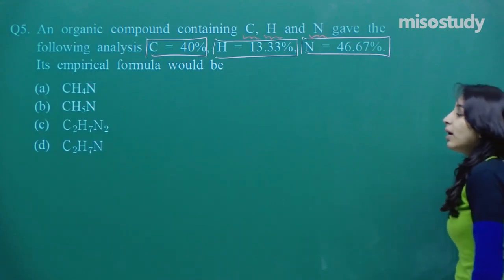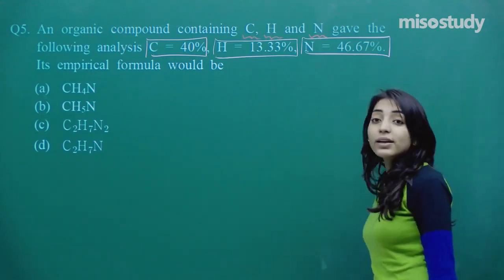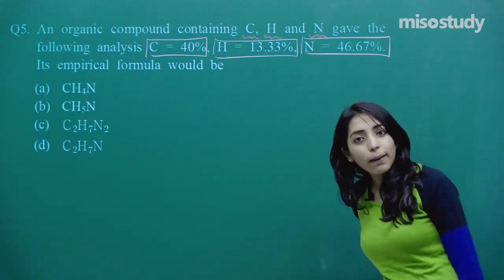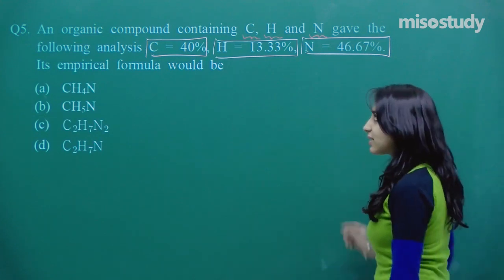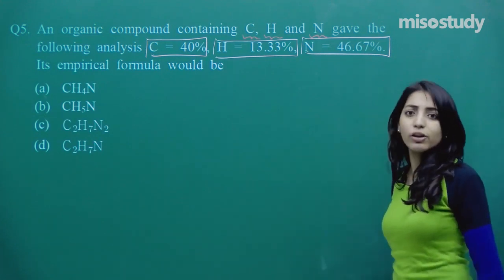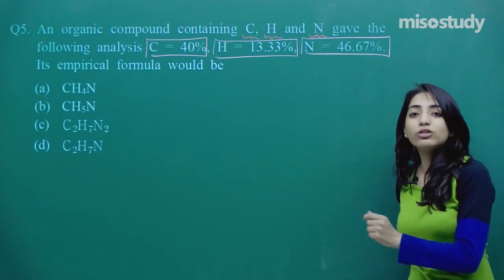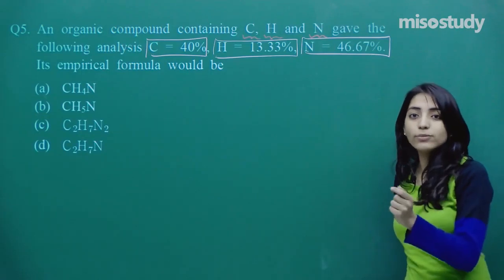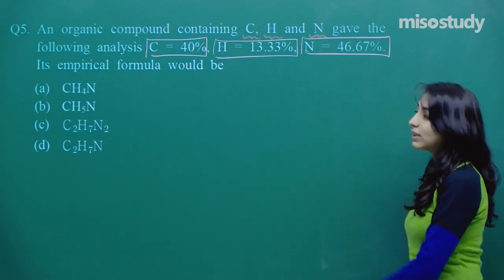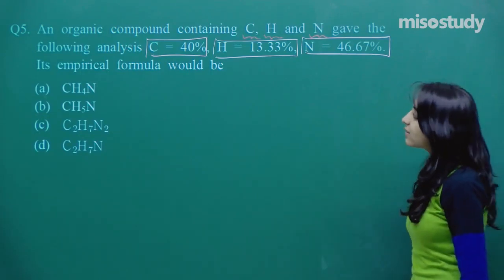We need to tell what should be the empirical formula of the compound, right? So guys, this kind of question we have discussed in our video lectures as well, and I told you that time also that these questions are really very important when it comes to either the CBSE or the NEET portion, right? Let us start solving.